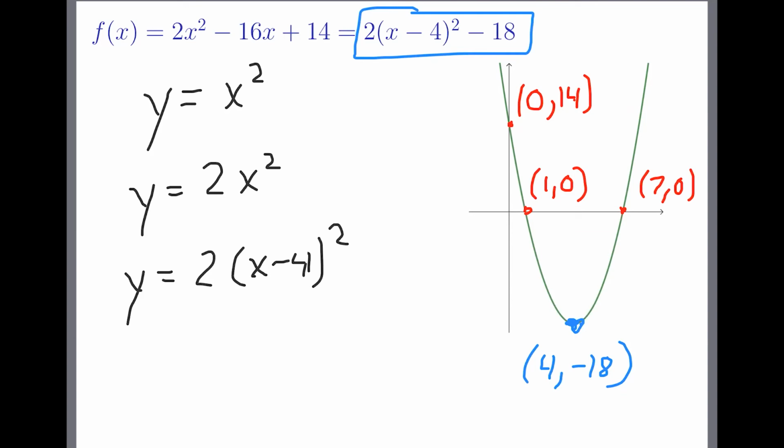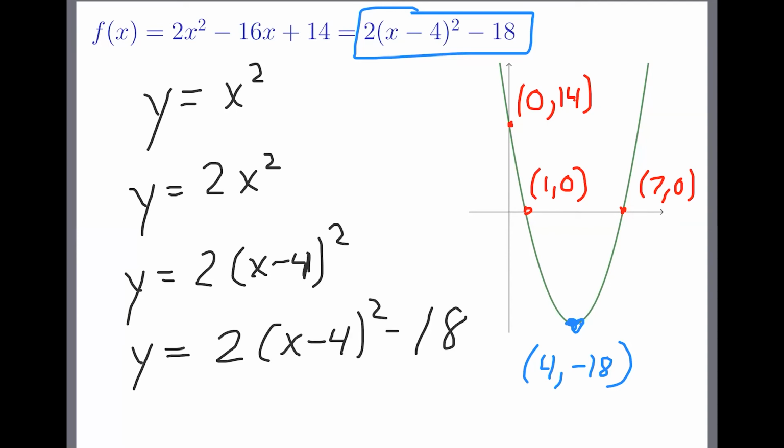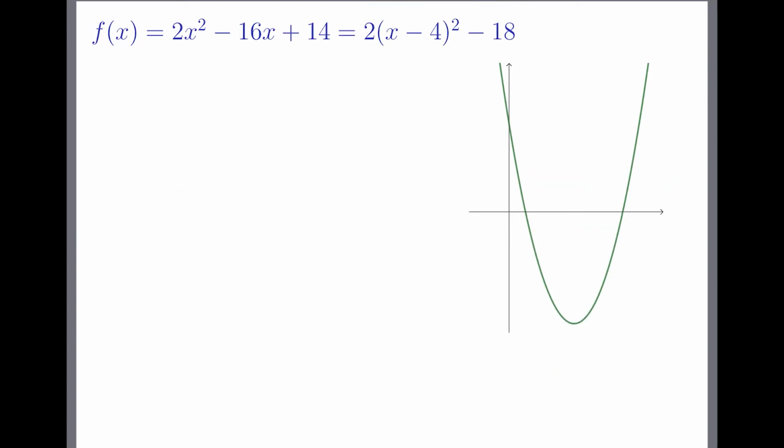And then finally, you're shifting it downward by 18. So this is a parabola that's been shifted to the right by 4 and shifted down by 18 from the origin. And also it's stretched vertically by a factor of 2. But again, people often call this the vertex formula of this quadratic function.